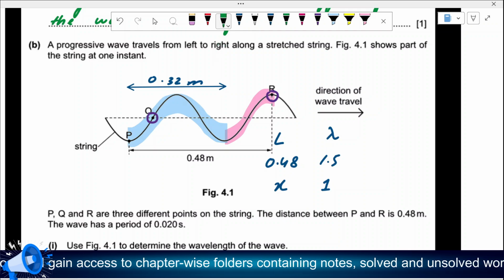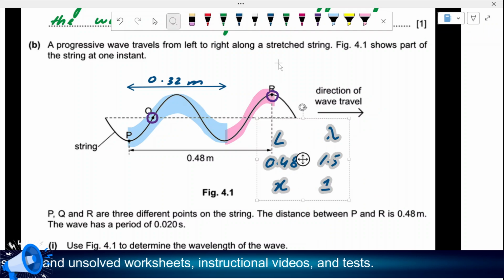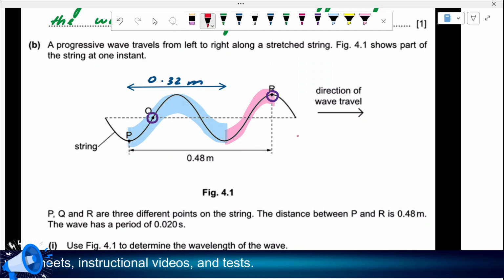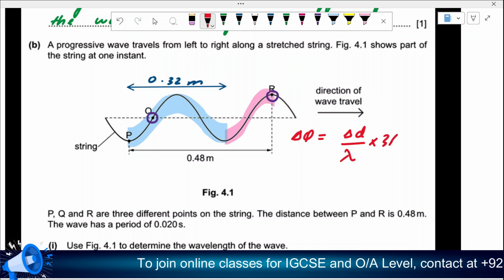For this one, you don't even need to use a formula, although we know the formula that for a progressive wave, we have this formula to find the phase difference from the distance graph: delta d divided by lambda times 360.